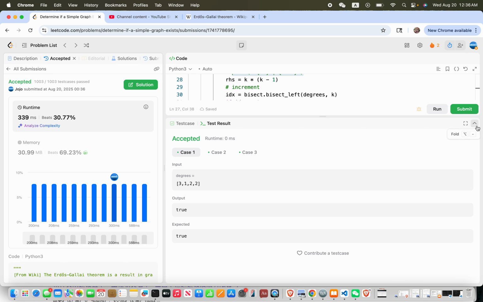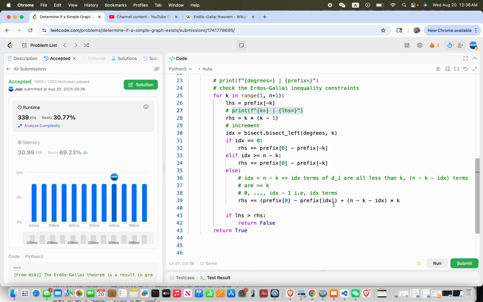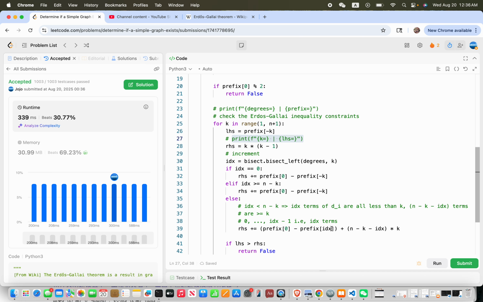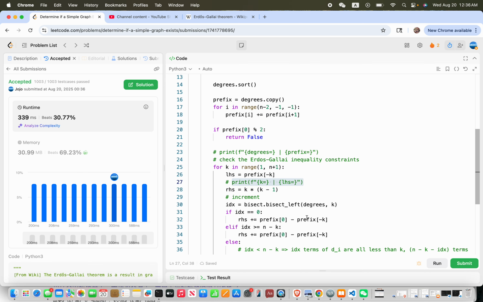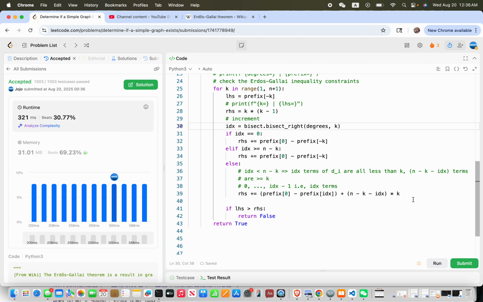And it passes all the cases. Here I want to make a note: if the di equals k, no matter what you choose, di or k, it's the same. Therefore you can use either bisect left or bisect right, and there's no real effect. So I'm going to stick with left.